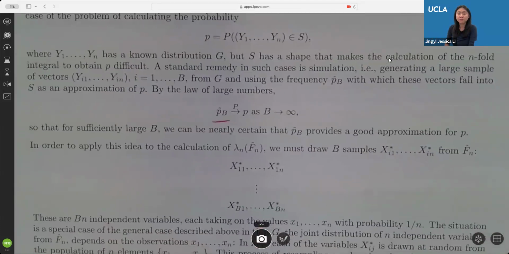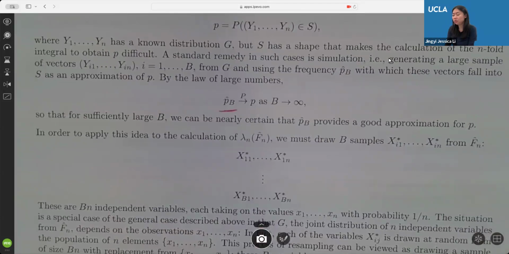So you just sample from x1 to xn for capital B times. As long as your B is large enough, say 1,000, then your approximation of the performance measure is close enough to the true lambda n fn hat.